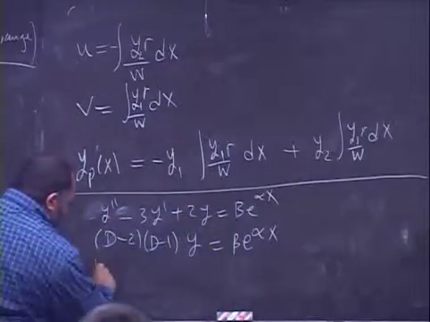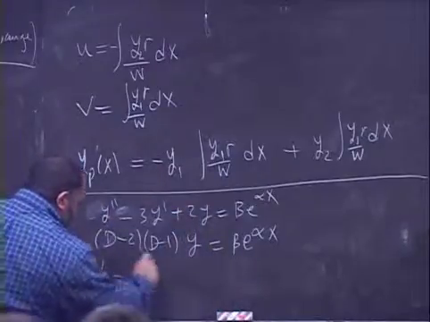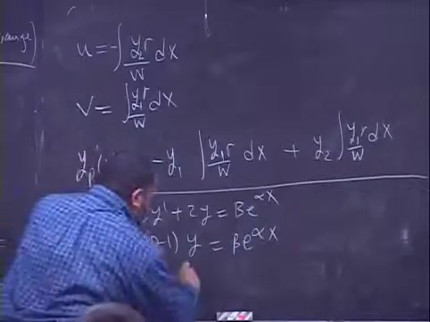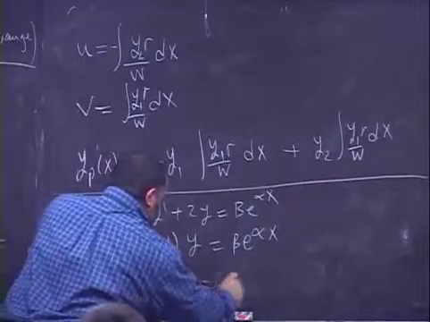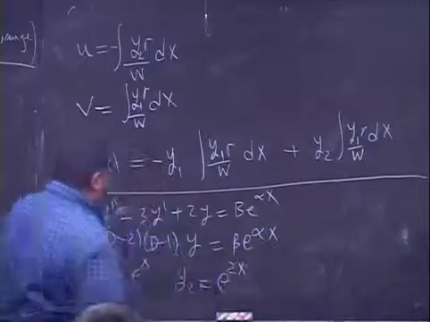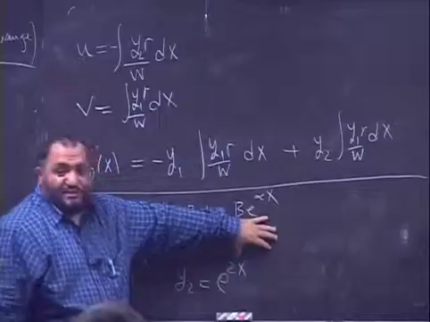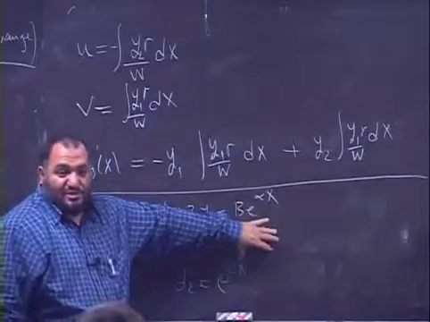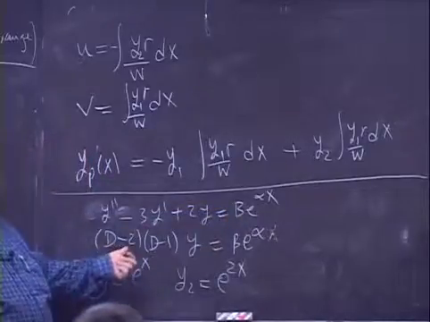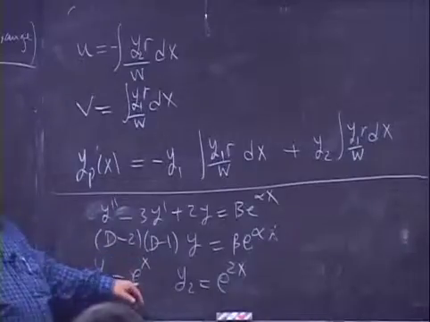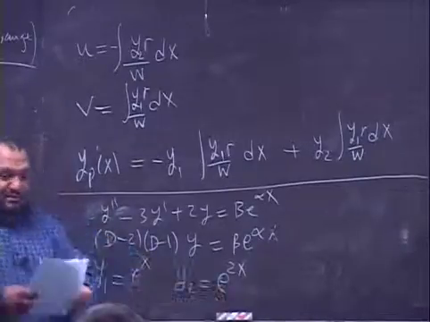What's y1? E to the power of x. And what's y2? E to the power of what? So solve this equation when this is equal to 0. When this is equal to 0, you have how many solutions? 1 and 2. So one will be e to the power of x, the other one e to the power of 2x.